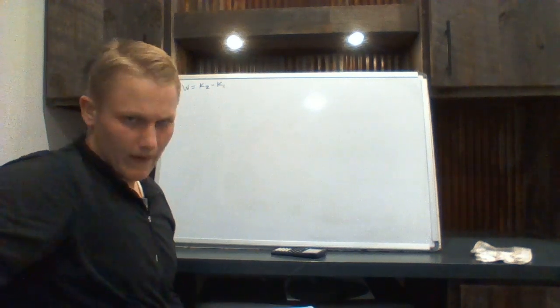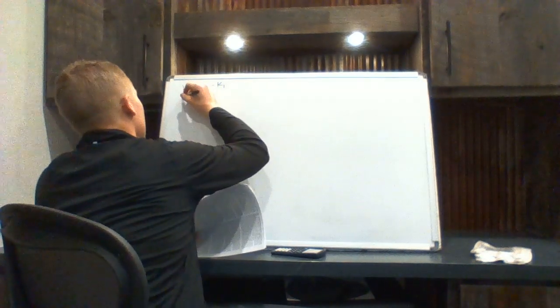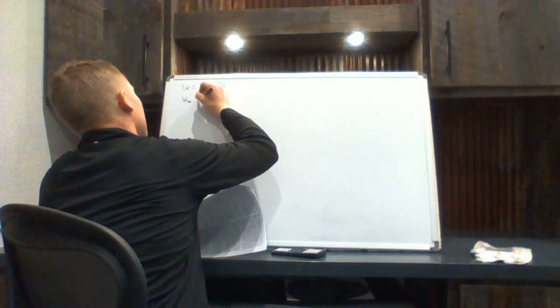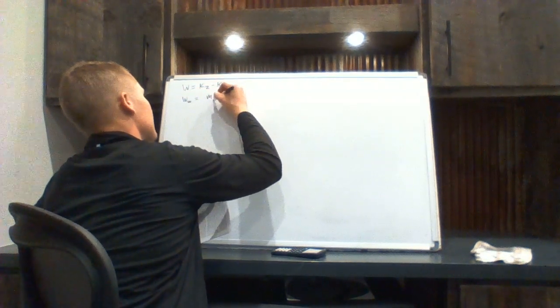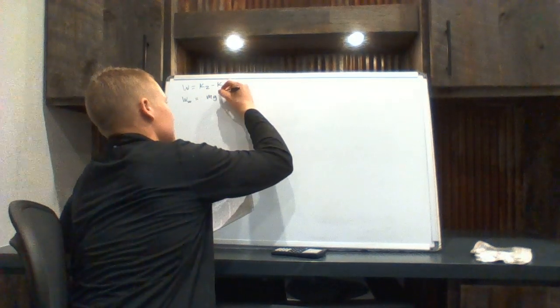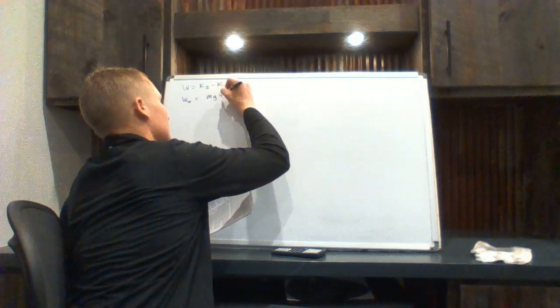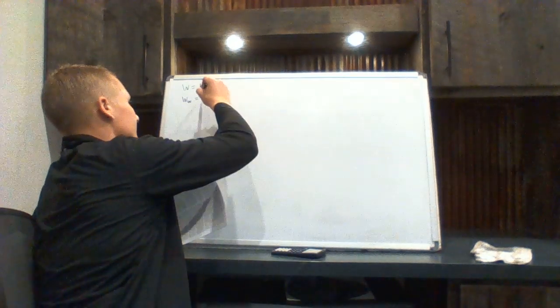We'll start with the work of the weight, which would just be your force times distance. In this case, it would be mass times gravity times distance, which is going to be h. And that's negative.